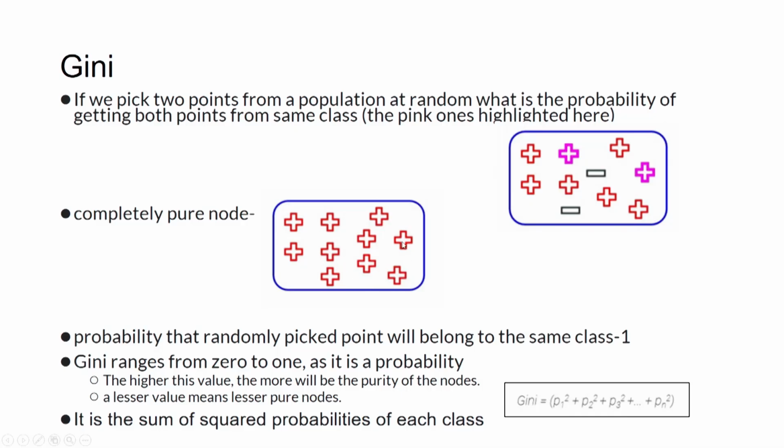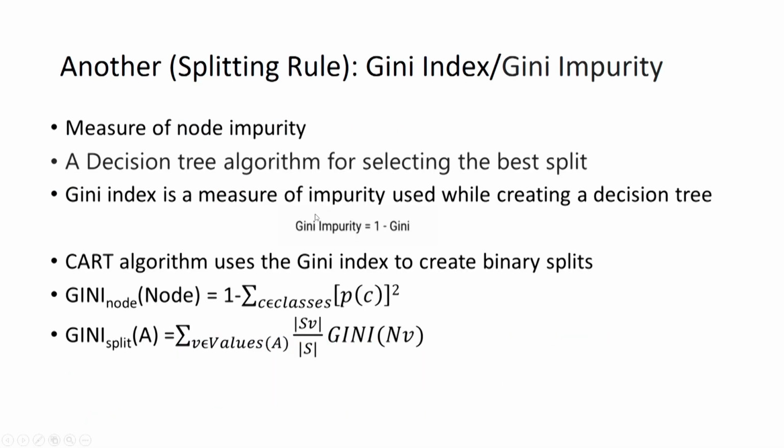So when we take the sum, the square of the probability of the red class is 1 squared, that is 1 only, and that is why the Gini of this will be 1. After calculating Gini, we can calculate Gini impurity or Gini index, that is 1 minus Gini.